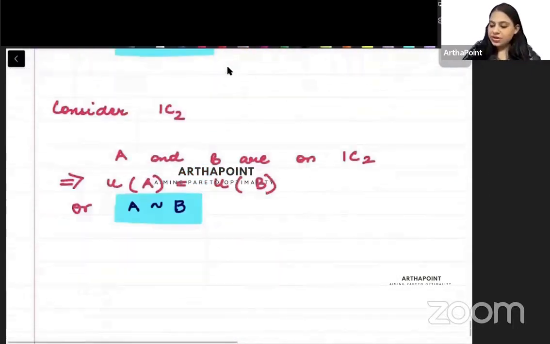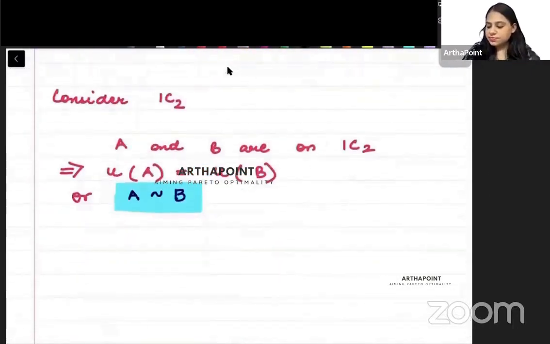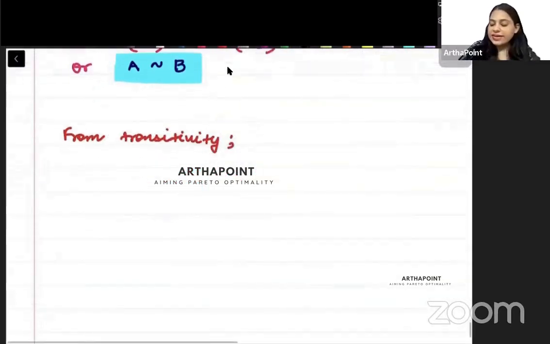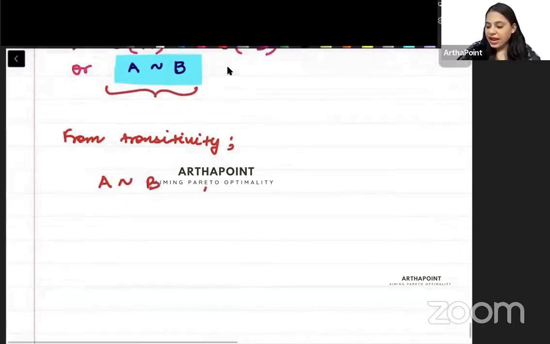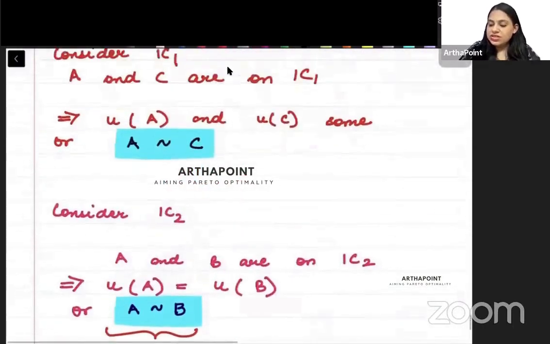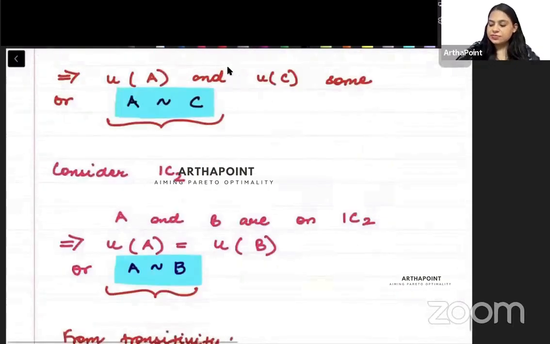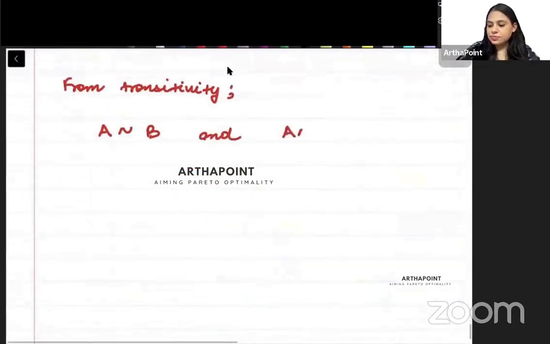Clear? Now, beta, let's use transitivity. What will transitivity say? That the consumer is indifferent between A and B, and the consumer is indifferent between A and C. So what does this tell me, beta?